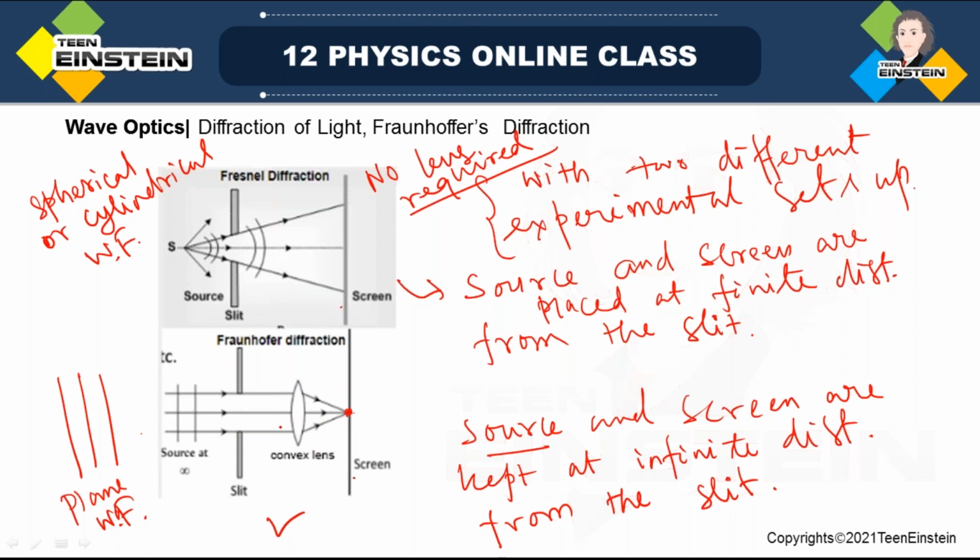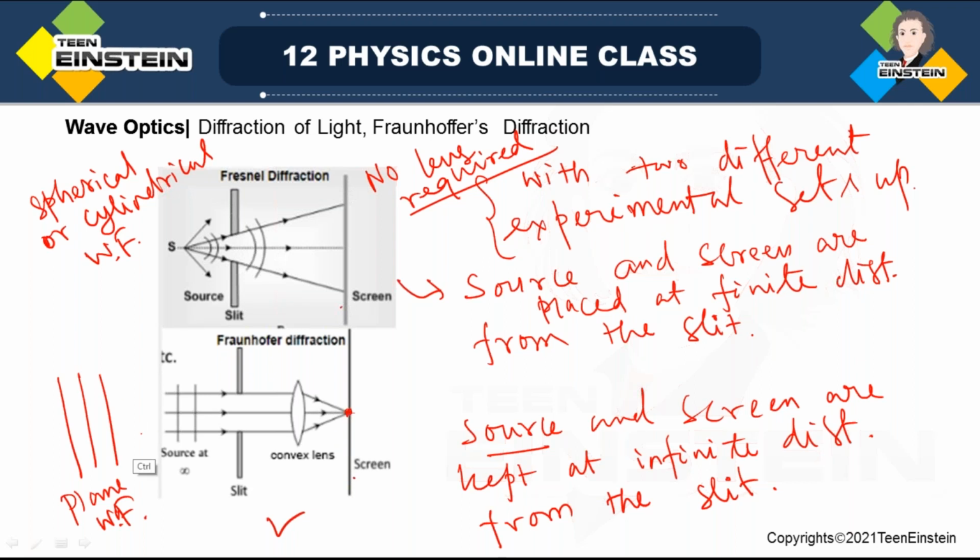This is how you will be able to see the diffraction pattern for Fraunhofer diffraction. After diffraction by the slit, the wavefronts will be almost plane. To converge them, you have to have one convex or converging lens, to see the diffraction pattern on the screen.